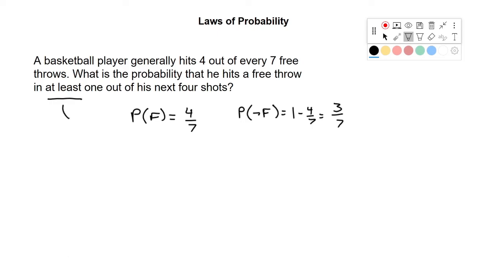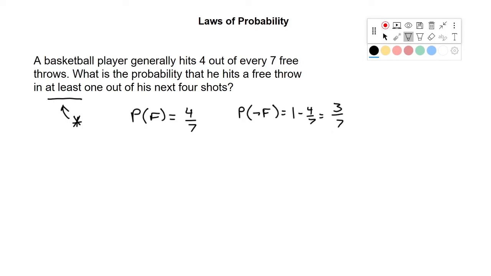So this at least, this is your kind of key thing to fixate on here. When you see at least, there's a very interesting approach that you can take to a particular problem. So this player is going to shoot 4 shots, and you want to make sure that at least one of those is a successful free throw.